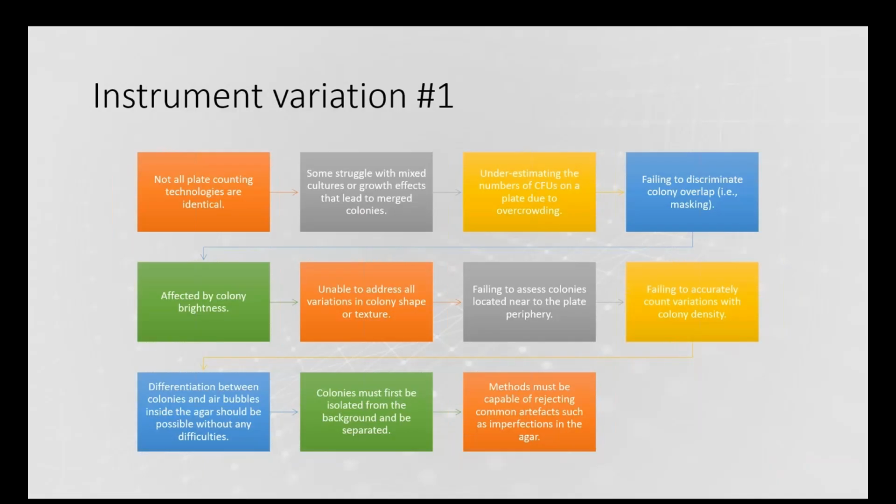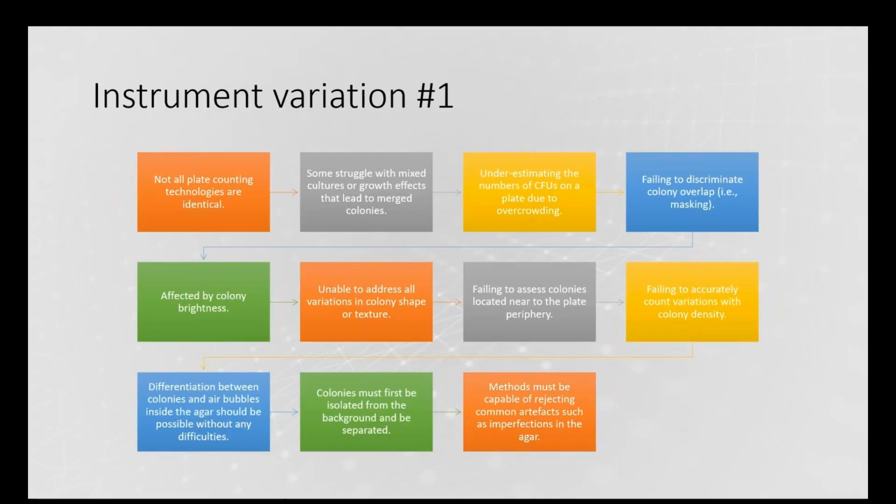Now, not all automated plate counting technologies are identical, and some are less successful with dealing with mixed cultures or the growth effects that might lead to merged colonies. So we can get problems of underestimating the numbers of colony forming units on a plate, and that might occur due to the presence of other debris or due to plate overcrowding.